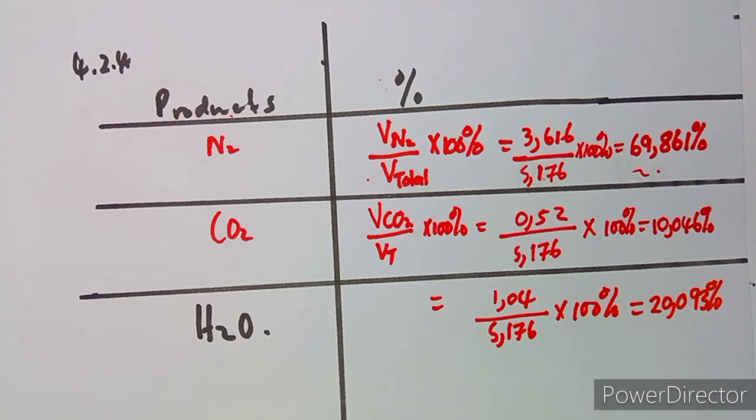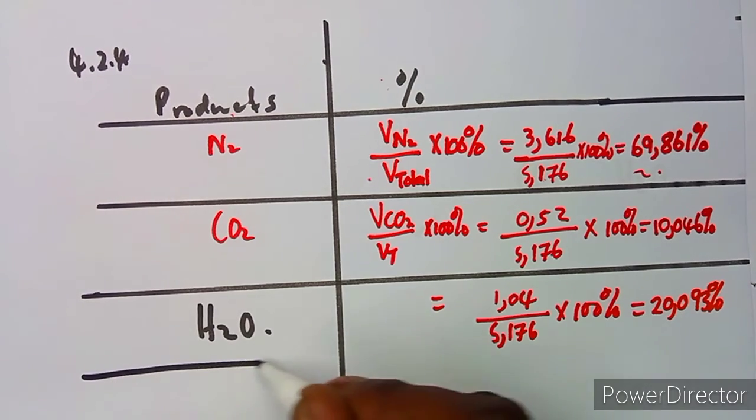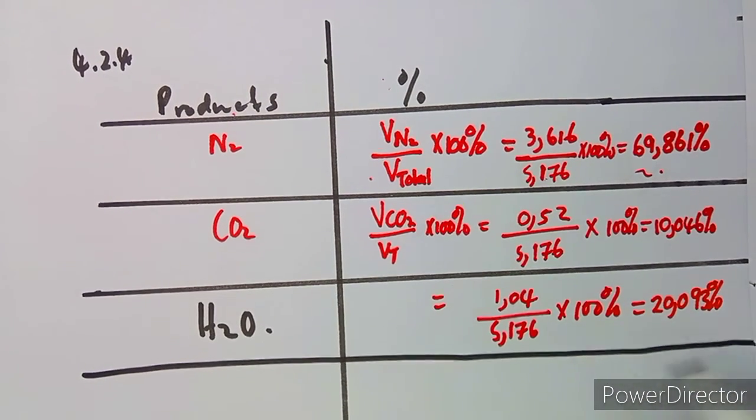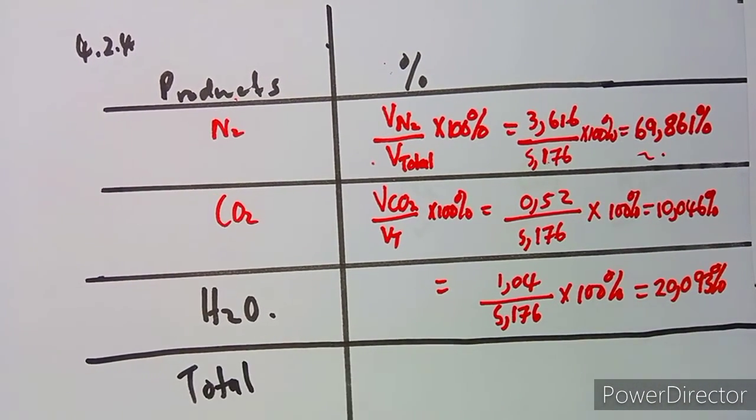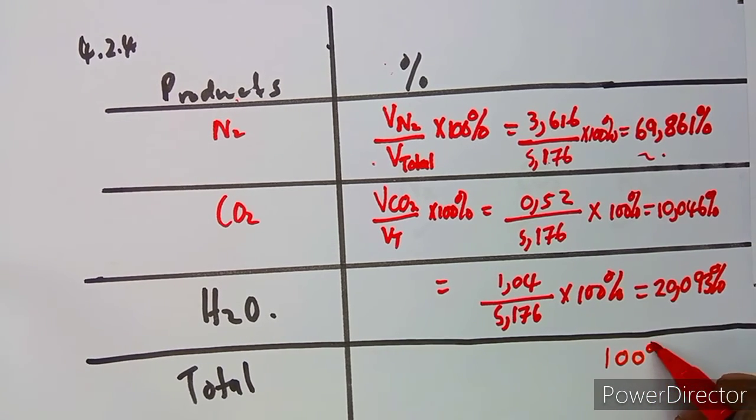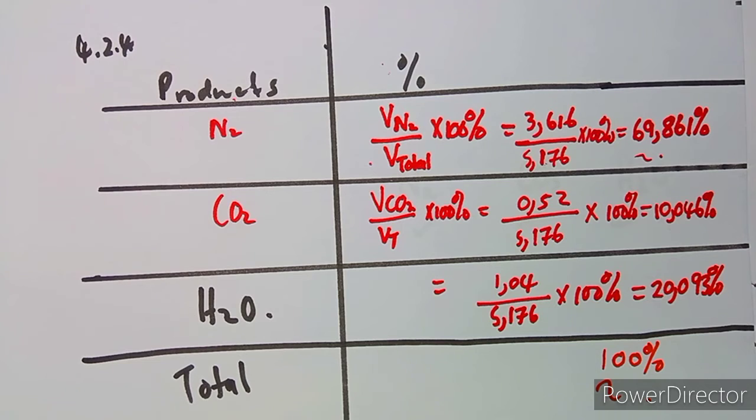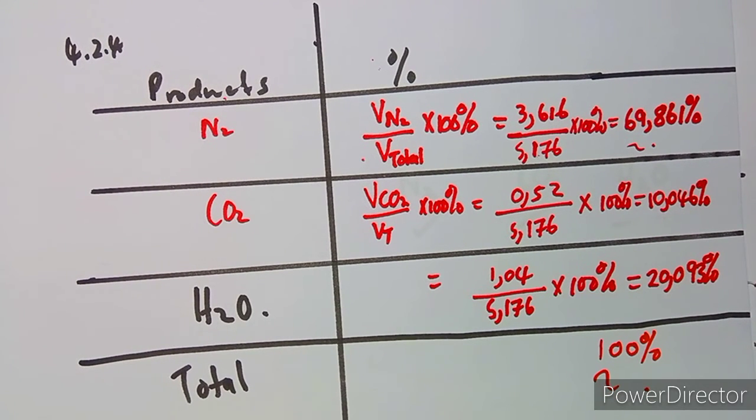And just like usual, guys, we have to find the total. You can just write total, you add everything, and you obtain 100% if you add properly. That is the total percentage, because it must balance. If you add and obtain 30% or something else, it means it's wrong, because it's supposed to give us the exact thing we are calculating. If it doesn't balance, it becomes a problem.